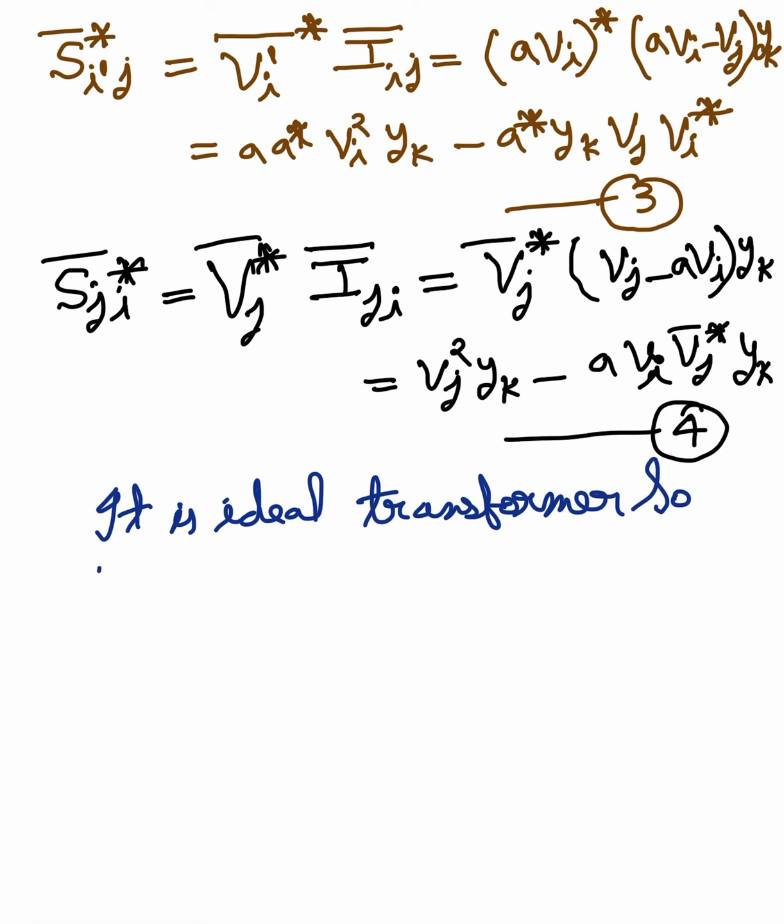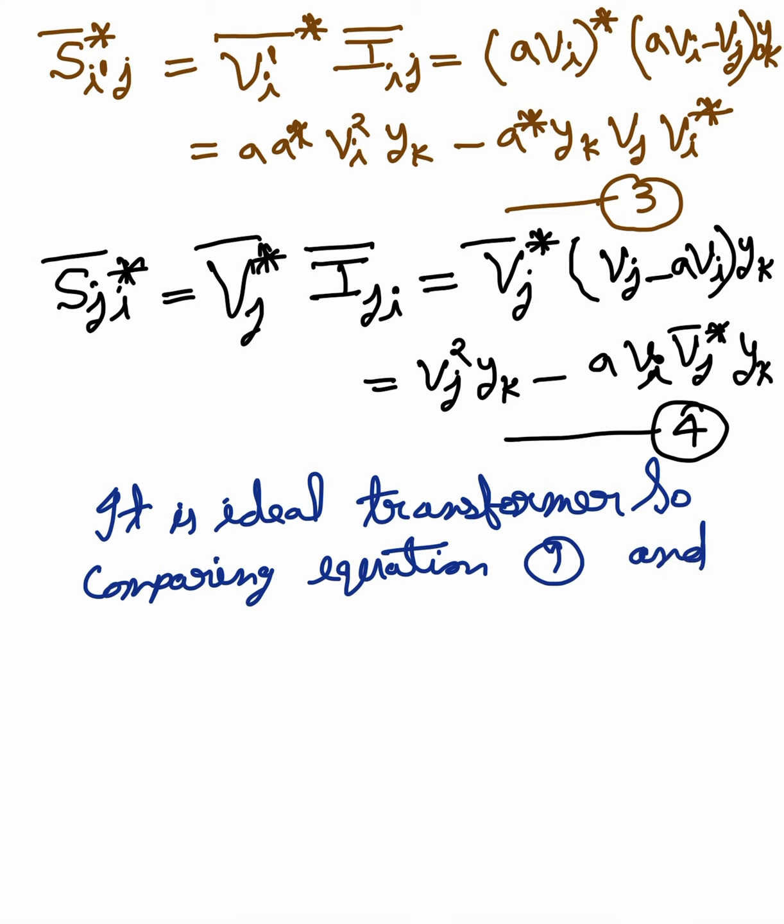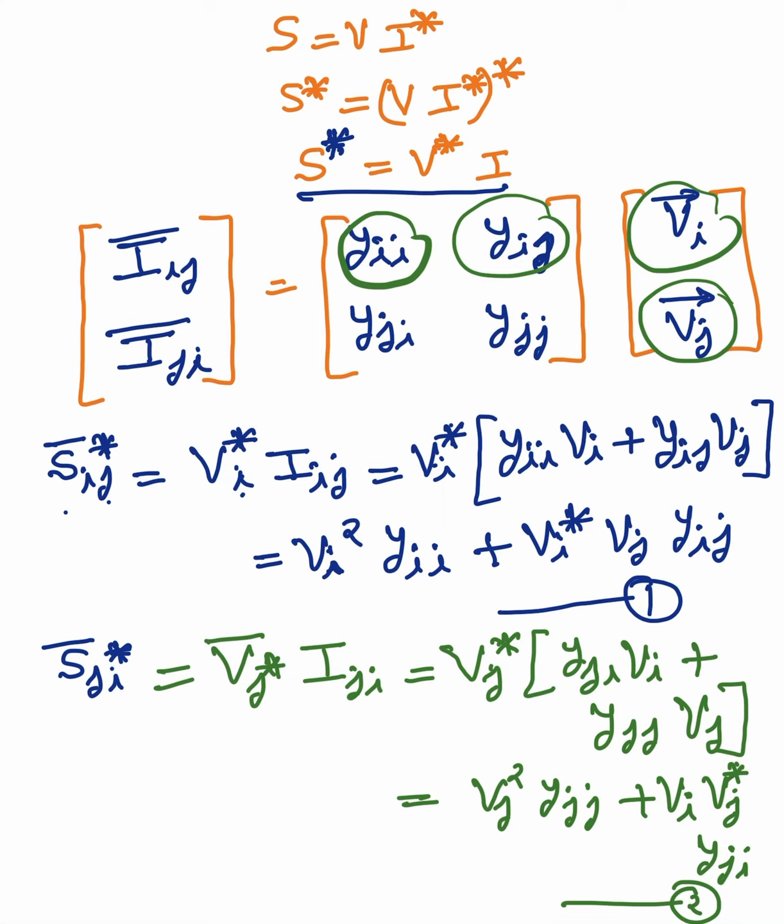So comparing equation 1 and 3. By comparing equation 1 and 3, you can see that in the equation 1, that is Vi square into Yii.